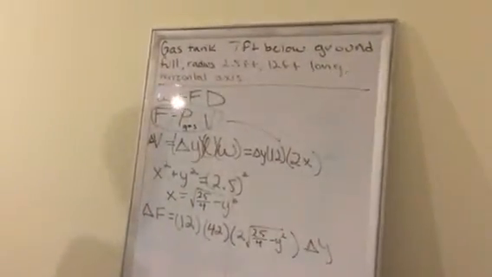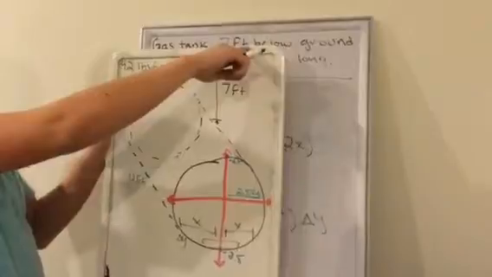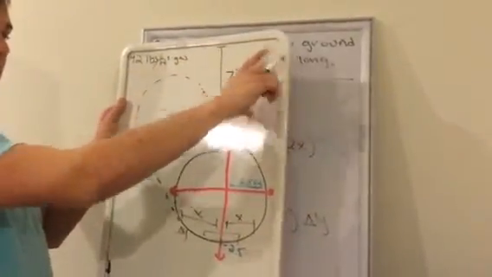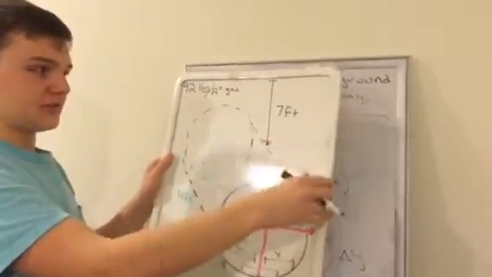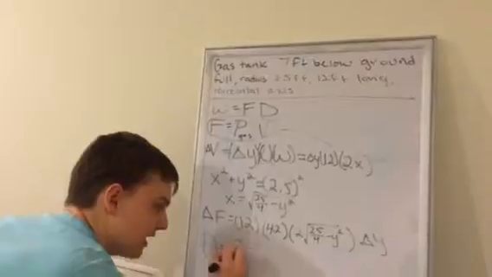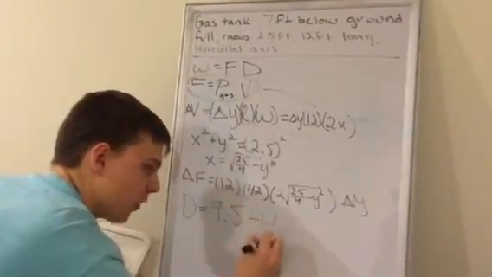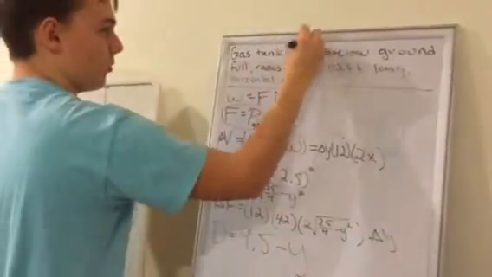And next we need to solve for our distance. Well, our distance is going to be from the top of the ground, 7 foot to the top, to our origin, which, adding that up, 2.5 plus 7 will be 9.5. So our distance is going to be 9.5 minus y. Now, what would be expected is, oh, why isn't it 7?